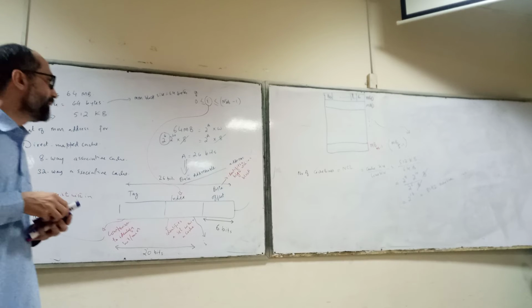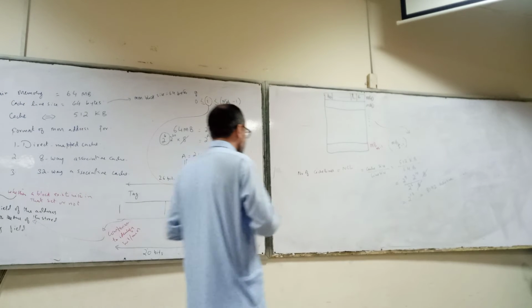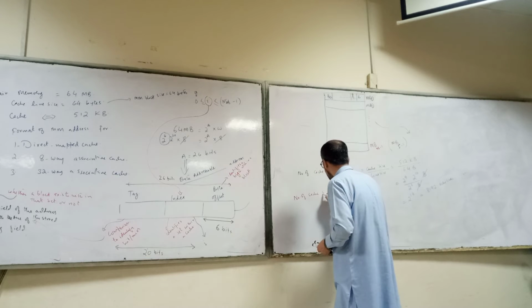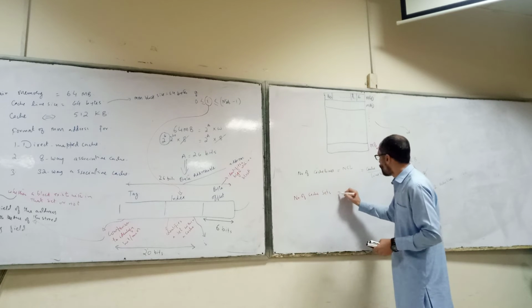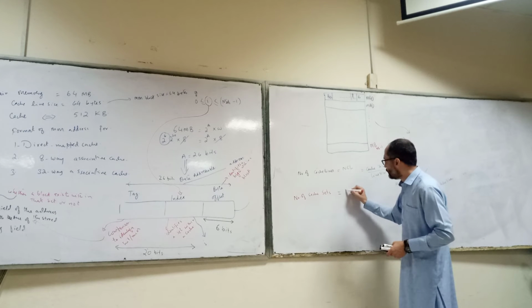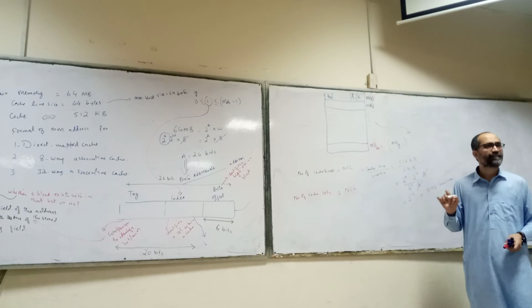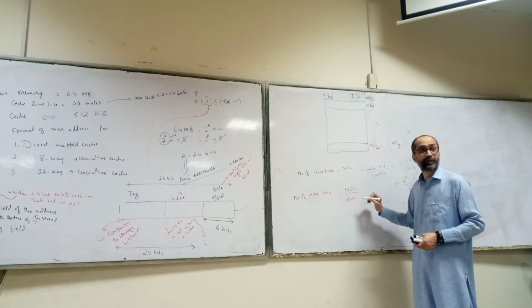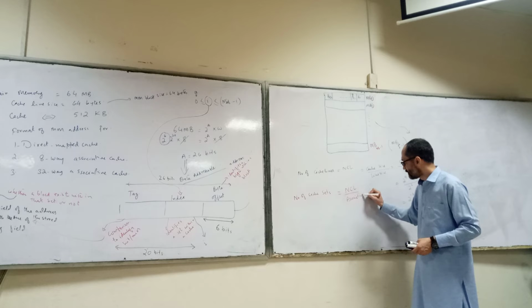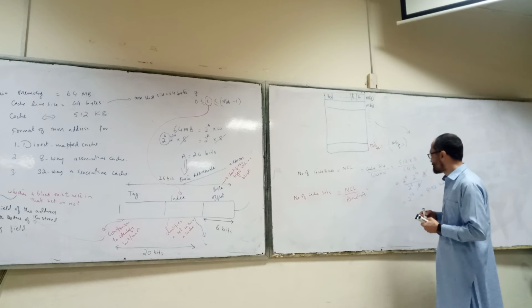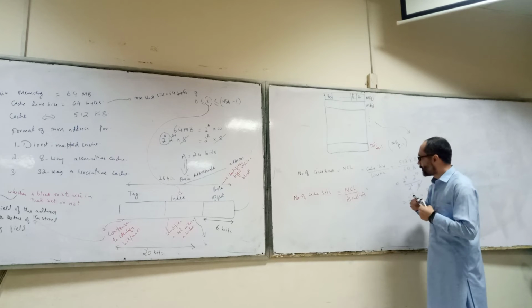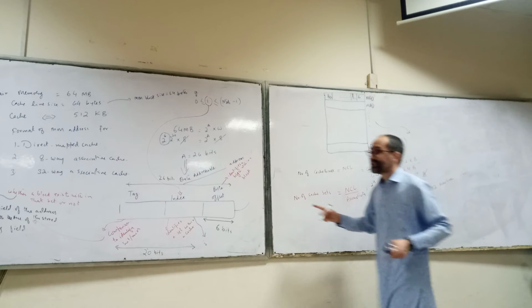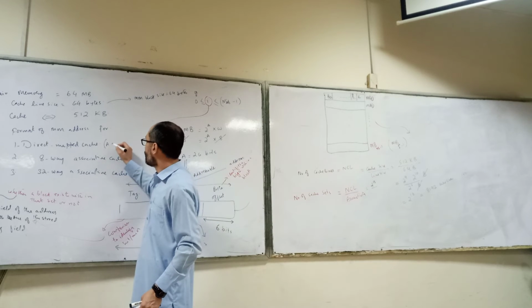Now the formula is different: number of cache sets is equal to number of cache lines divided by associativity. The number of cache lines is 2 to the power 13, divided by associativity. For the direct map cache, A is equal to 1.